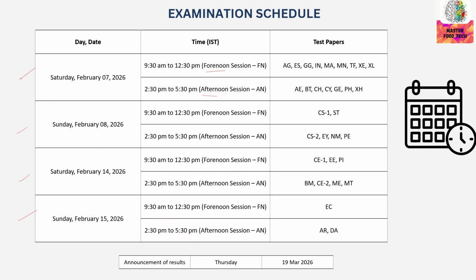So XL you can see here, and XE also, which is on Saturday February 7th, in the morning session only. And the announcement of results will be on 19th March 2026, which is a Thursday. For any updated schedule, you can just visit the official website of IIT Guwahati.